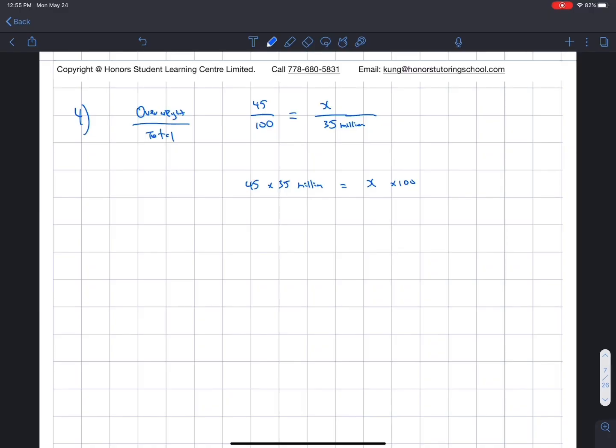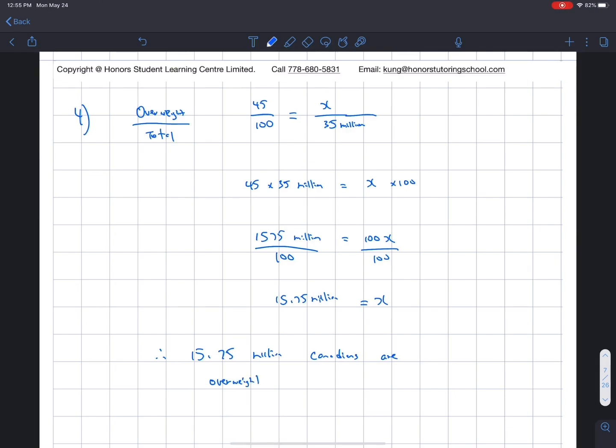So we have 1575 million people equals 100 times X. And then now we can just divide both sides by 100. We get X equals 15.75 million. And that's the answer. So 15.75 million Canadians are overweight.